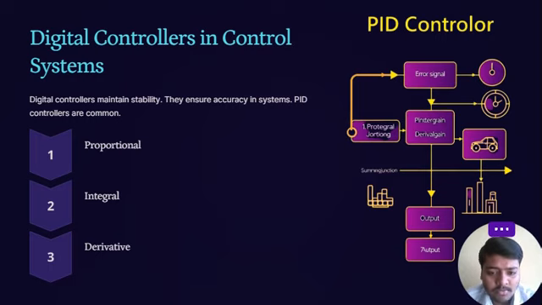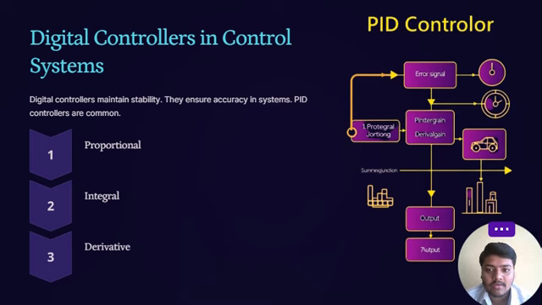Proportional reacts to the current error. I means integral, which fixes long term accumulated errors, and D stands for derivative, which predicts and smooths out future errors. Together, these components make sure systems are stable, responsive, and accurate, used everywhere from robotics to automotive systems.